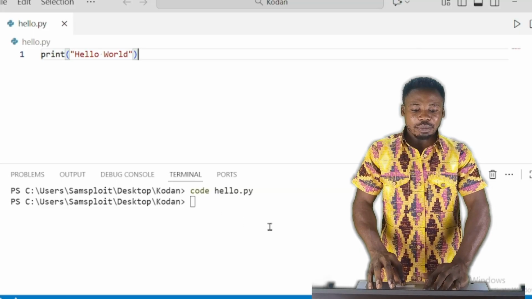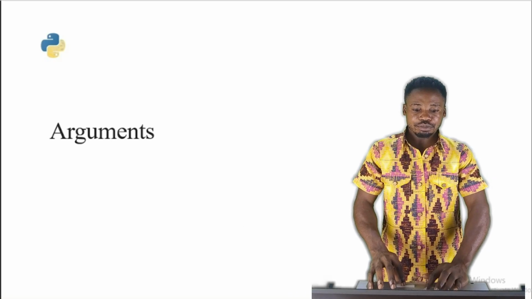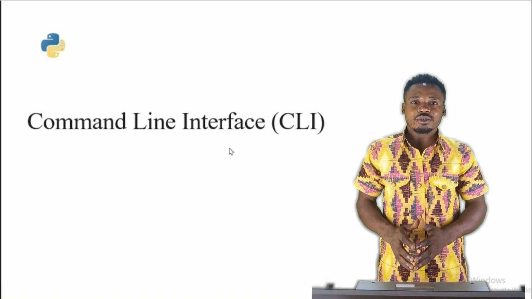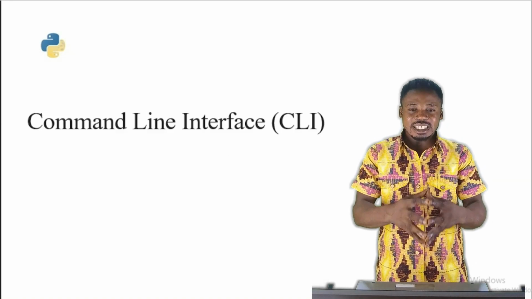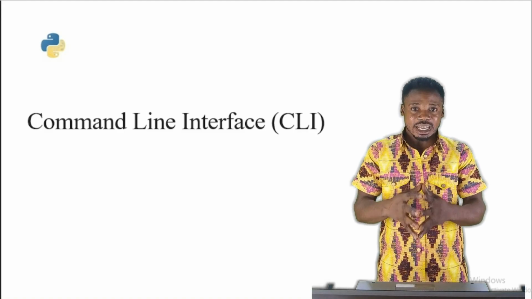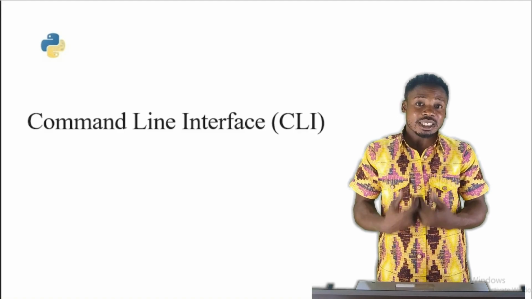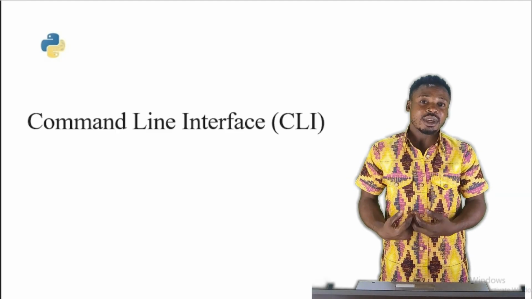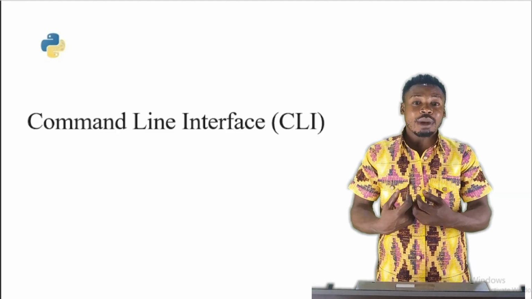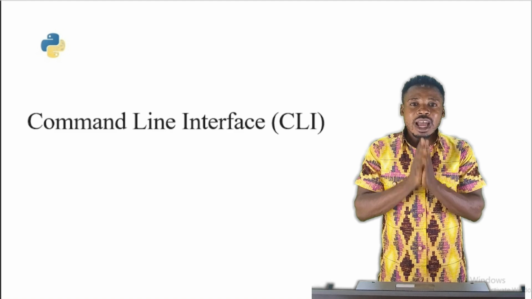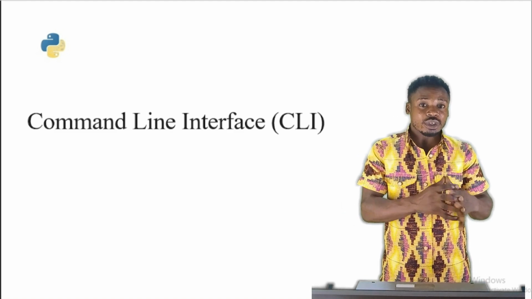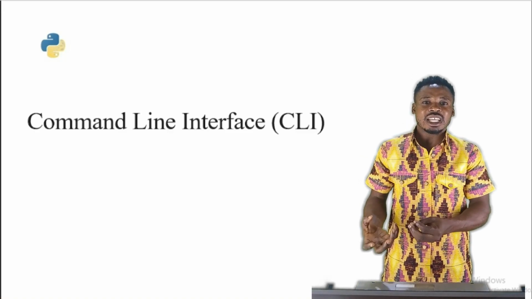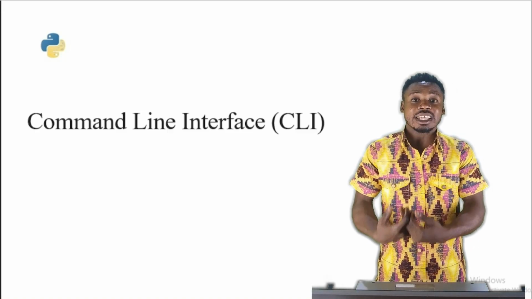Now, in running our Python program, we make use of what is called the command line interface, also known as the terminal. In some operating systems, for example the Windows operating system, they refer to it as the command prompt. We have the graphical user interface that we use to run programs. The other interface that is also available is the command line interface.